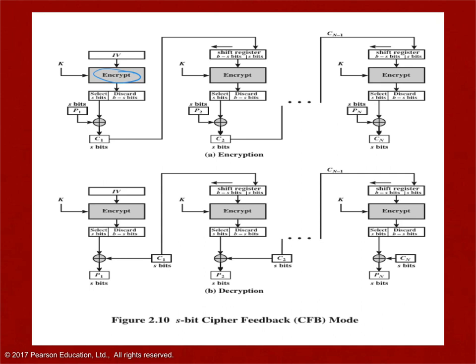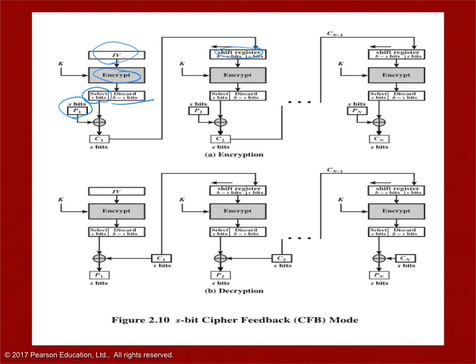We use the encryption for the initial vector, or part of the input after doing some circular shift or left shift to the text. So we encrypt, and then we take only S bits and discard the remaining bits. And these S bits get XORed with only S bits from the plain text.